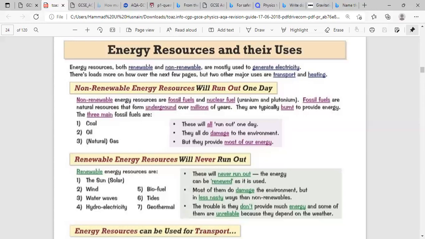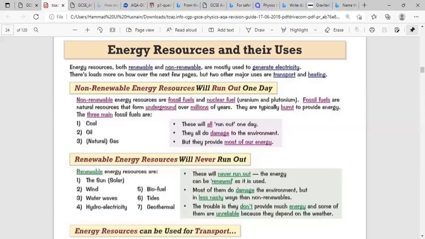Fossil fuels are natural resources that form underground over millions of years. They are typically burned to provide energy. There are three main fossil fuels: coal, oil and natural gas. Petrol is a refined form of natural oil which we take out from the earth.